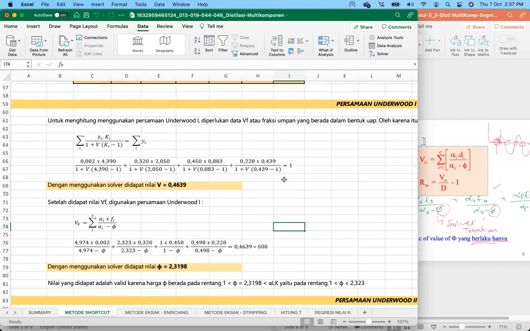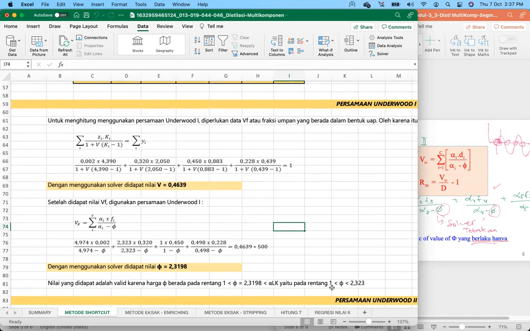Ibu, what should we do if the value is not within the range? Nah, you have to find another guess (tebakan). Because when we calculate this one, you have to use the guessing value.